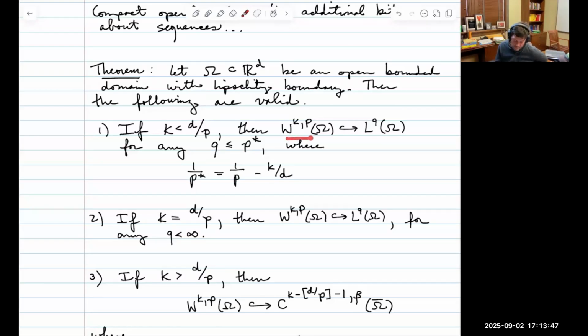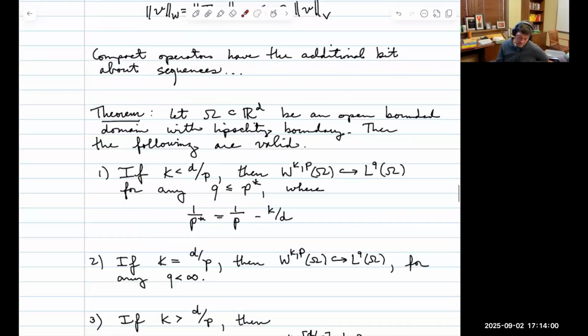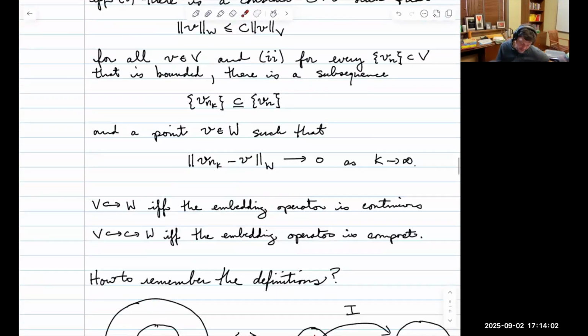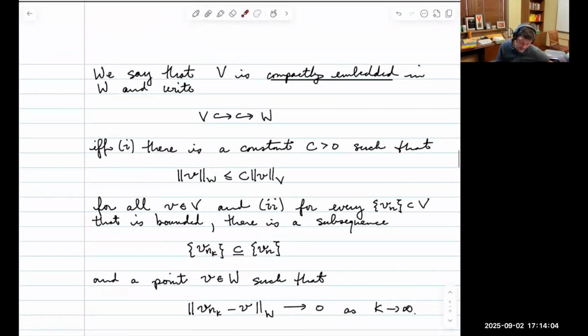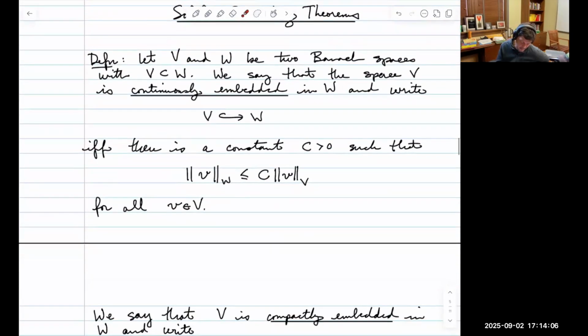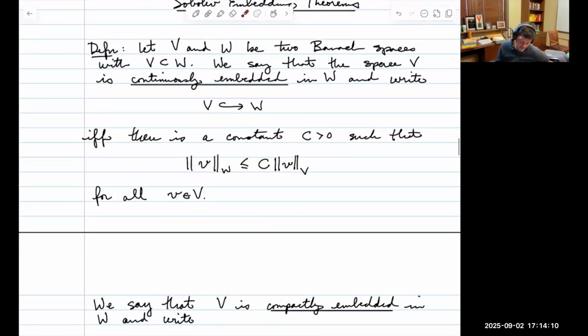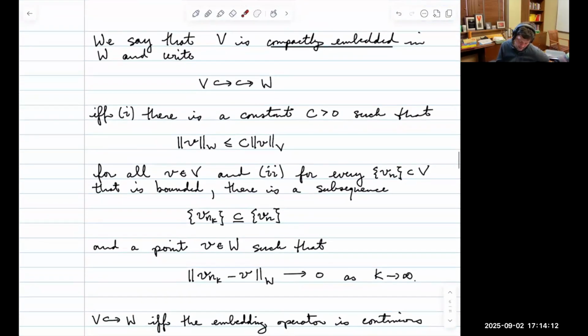So what we want to say is that these functions are, remember, continuously embedded in L^q. That means that it has to be a subset of L^q, and there has to be, well, there's two parts to that, right? It has to be a subset, and it has to have this continuity of the embedding operator.